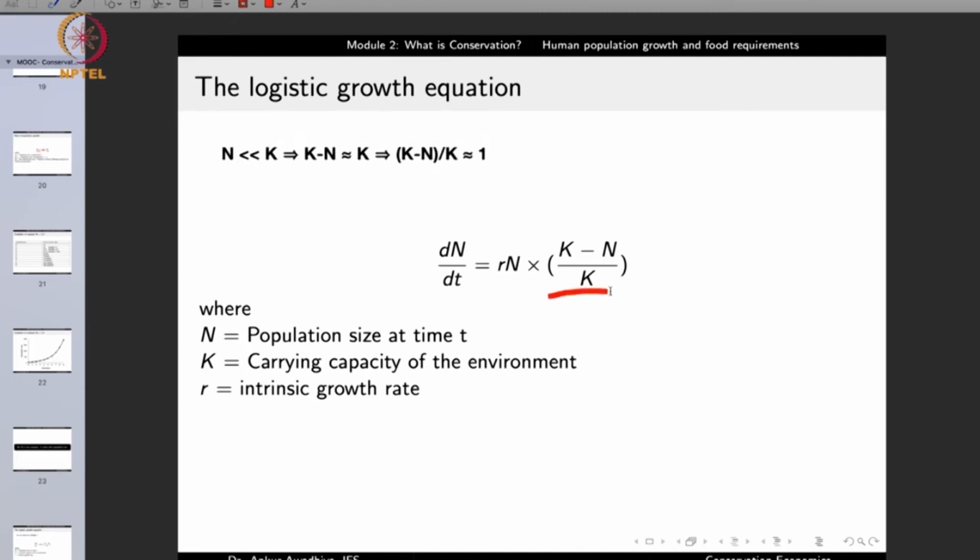What we are saying here is that this (K-N)/K portion is roughly equal to 1. When that happens, we would have the situation that dN/dt is equal to rN. Because this portion is equal to 1, we will only have dN/dt equal to rN, which is the equation that we began with.